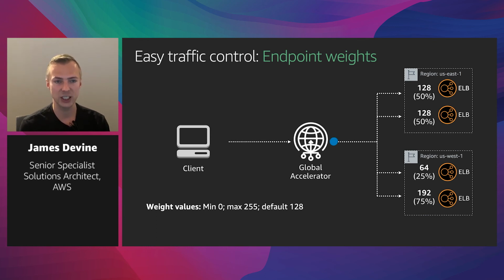In US West, we want more traffic to go to the bottom load balancer, so we have 64, 192 as the split here. And we'll see traffic can then route, and we'll get the expected flow here. It might be that we're doing a new deployment, we want to control the amount of traffic going to a specific load balancer. Like in US West 1, we might be doing a test deployment here. We only want to funnel some of the traffic to the new load balancer. There's a lot of functionality and customization that can be done there with your traffic flows.